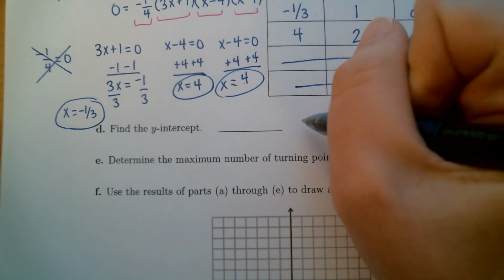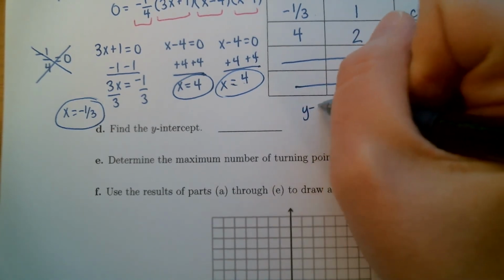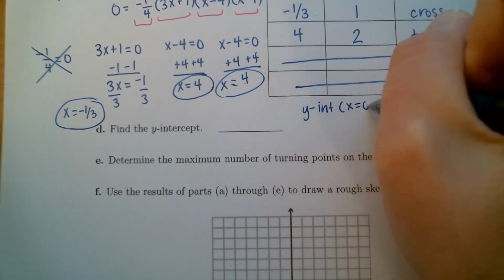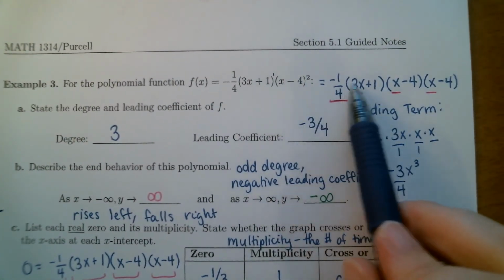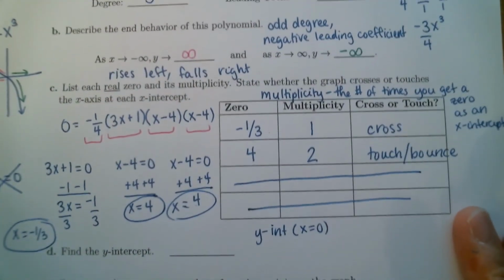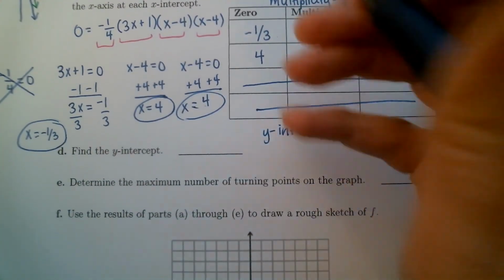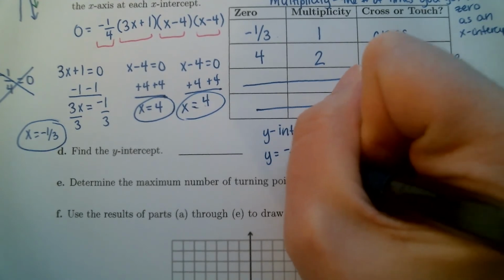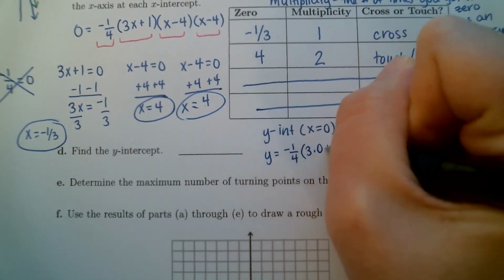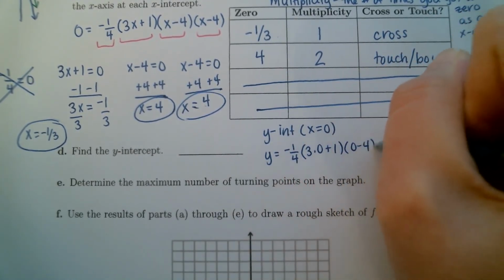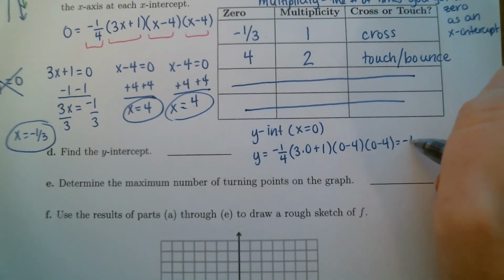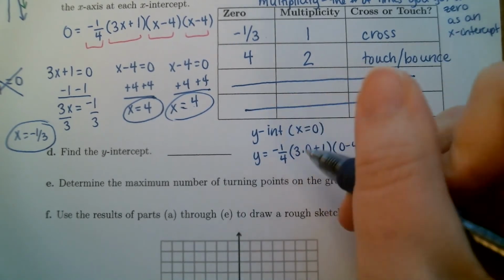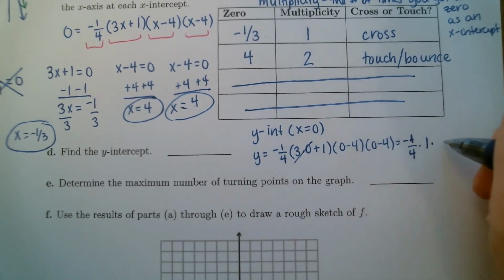So remember, to find a y-intercept, you are going to set x equal to 0. So go back up to your formula. It doesn't matter which one you use. I usually use the expanded one. I'm going to set x equal to 0. So my y-intercept is going to be negative 1/4 times 3 times 0 plus 1 times 0 minus 4 times 0 minus 4. That is going to give me negative 1/4 times 1 times negative 4 times negative 4.